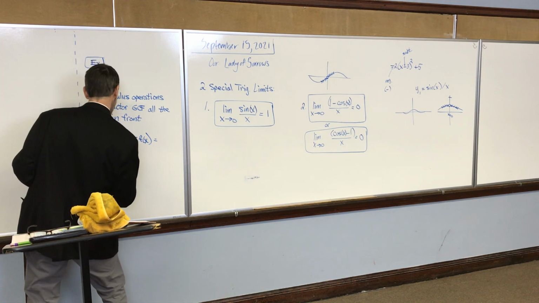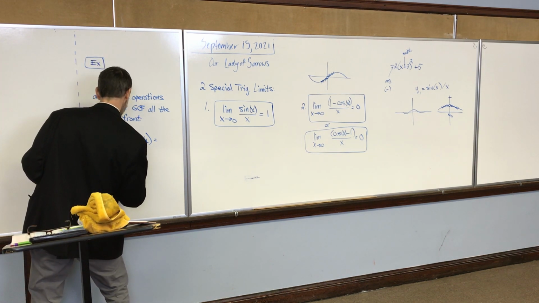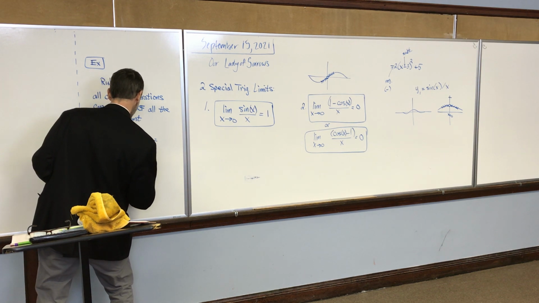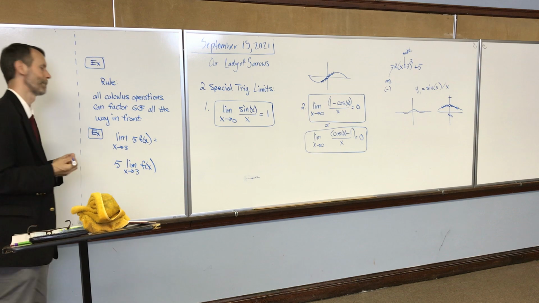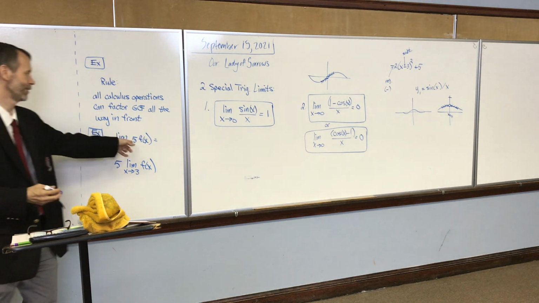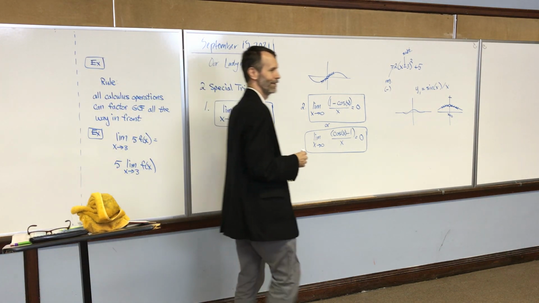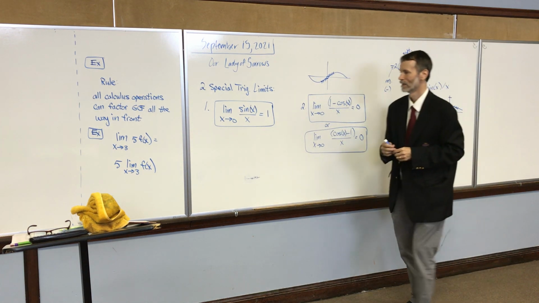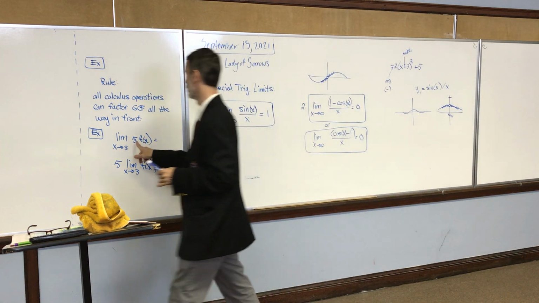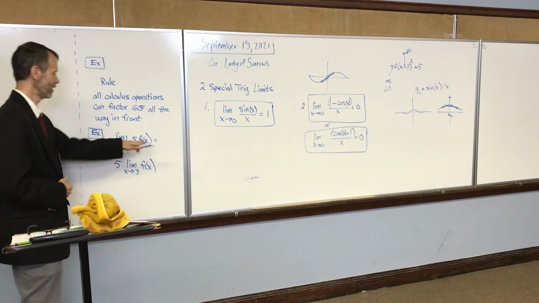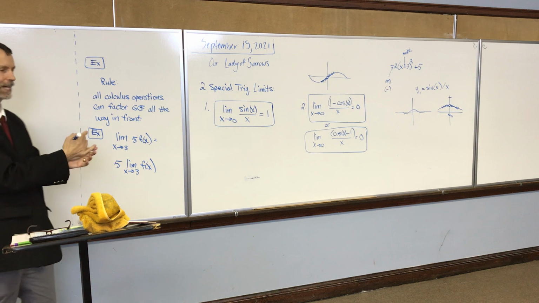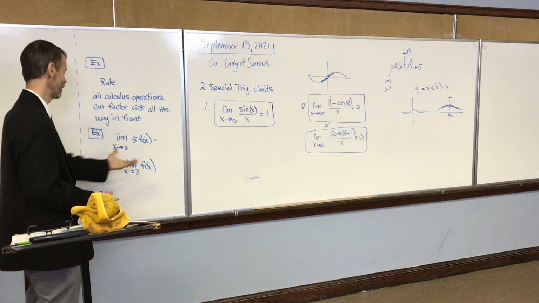Is equal to 5 times the limit as x approaches 3 of f of x. In other words, you could pull the 5 up front. That's always legal. If there is a number multiplied to your function, you can pull it out even in front of the limit. And that will actually make your limit easier to calculate. It'll be 5 times smaller.